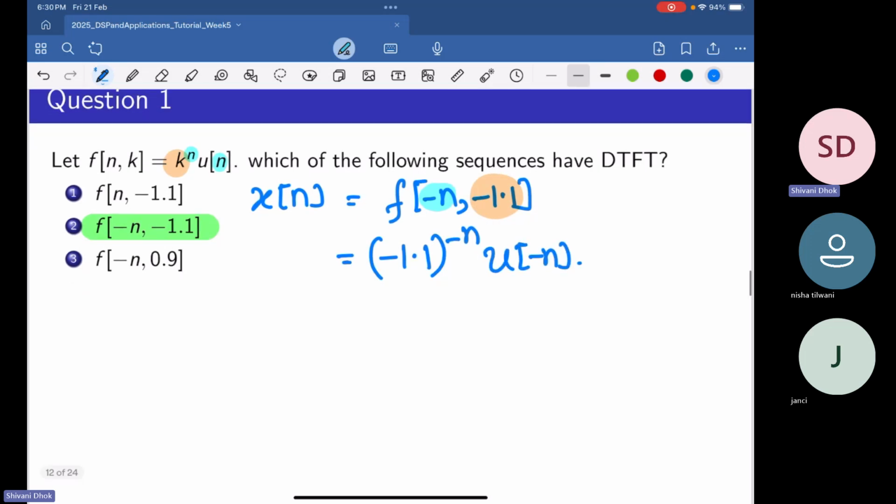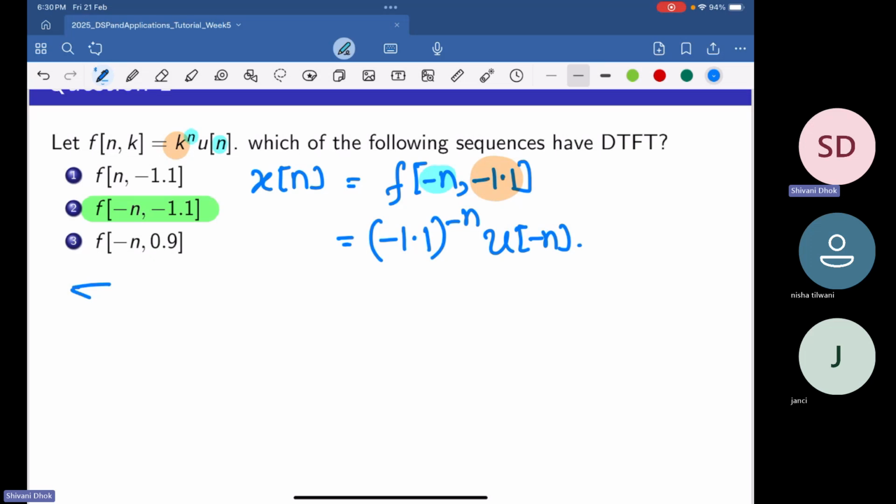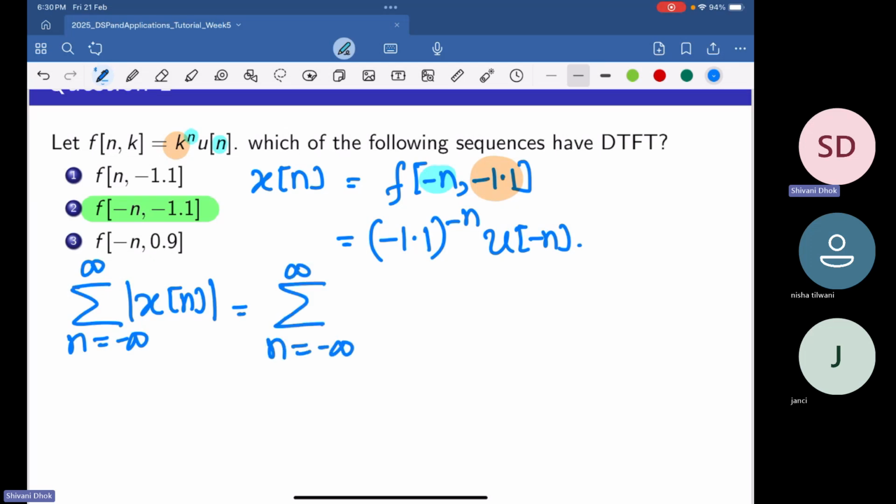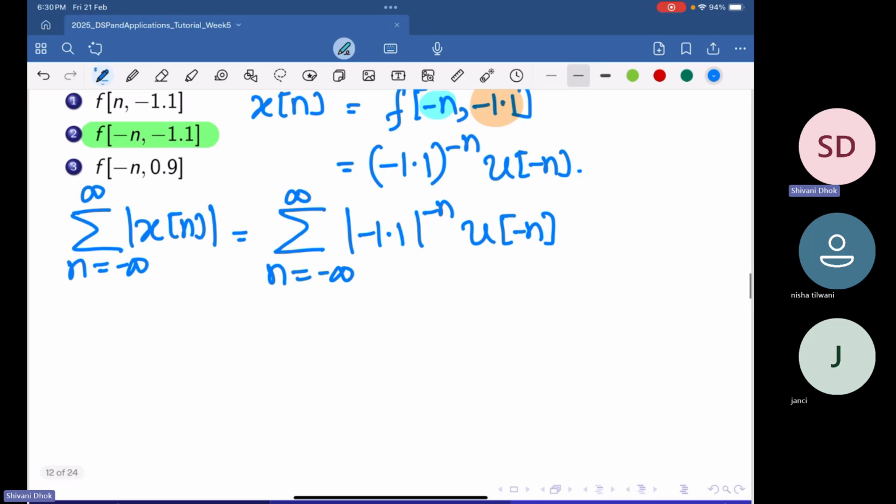Now let's check the same thing. We need to check the summation n running from minus infinity to infinity of the magnitude of x of n, which is equal to the summation of the magnitude of minus 1.1 to the power minus n into u of minus n. Now u of minus n is non-zero when minus n is positive.